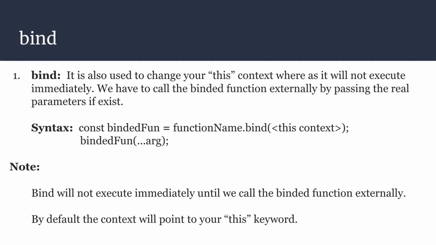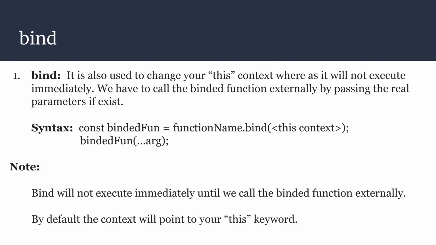Bind. It is also used to change your this context, whereas it will not execute immediately. We have to call the bound function externally, passing the real parameters if they exist. So here we are not using call, we are using the bind method. Whenever you use the bind method, it returns a function that can be executed in the future.